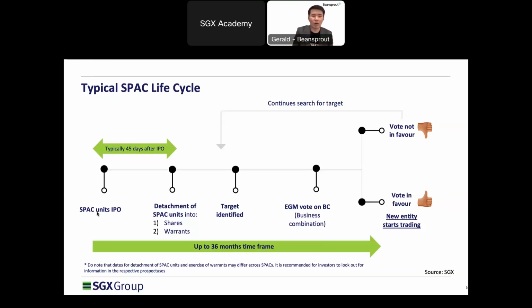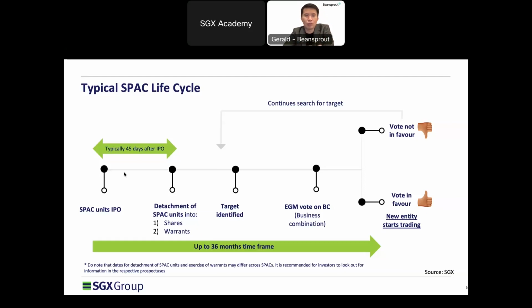So if you recall, there were 3 SPACs that were listed on the Singapore Exchange early last year. And when they were listed, effectively, they came through as a SPAC unit. After 45 days, what happens is that the SPAC unit would be detached into a share and a warrant.